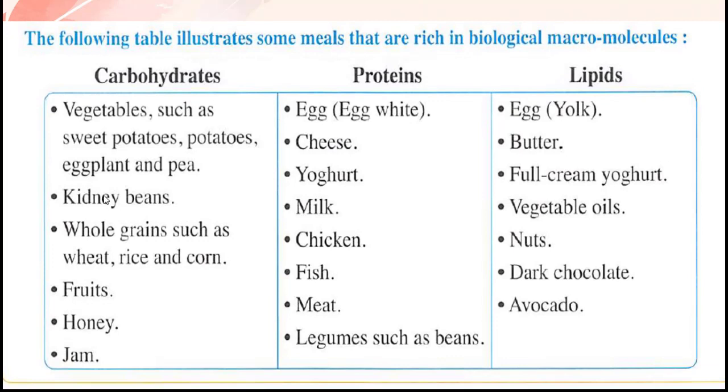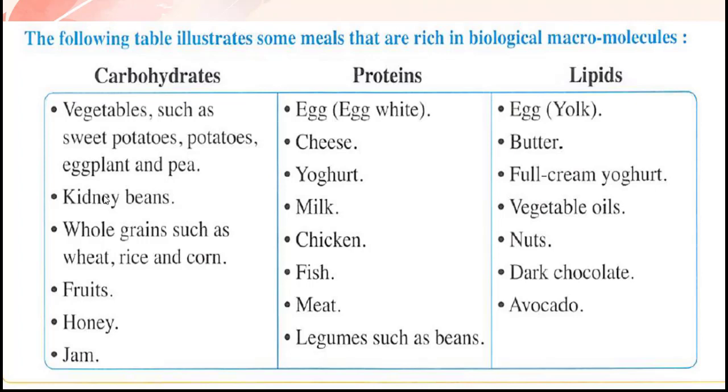Examples of types of food. The following table illustrates some meals that are rich in biological macromolecules. Carbohydrates exist in vegetables such as sweet potatoes, eggplant, and peas, kidney beans or beans, whole grains such as wheat, rice, corn, fruit, honey, jam. All of this food contains carbohydrates. Proteins are classified into animal protein and plant protein.